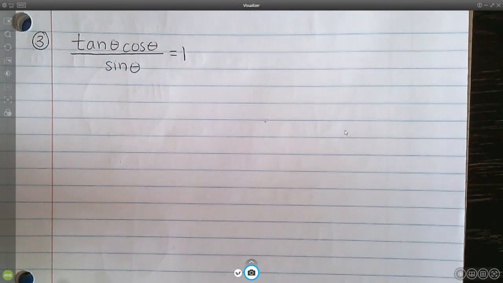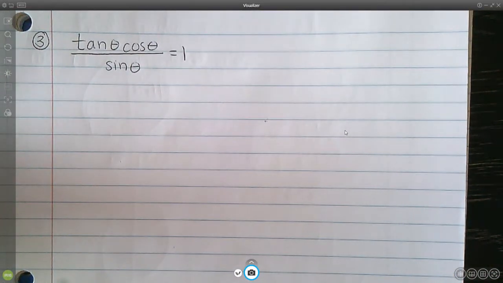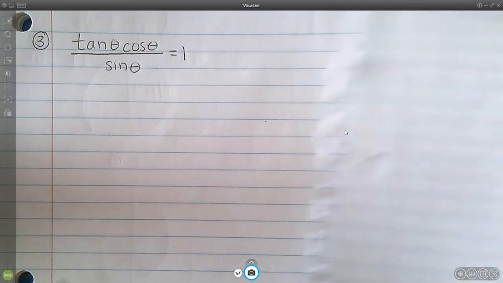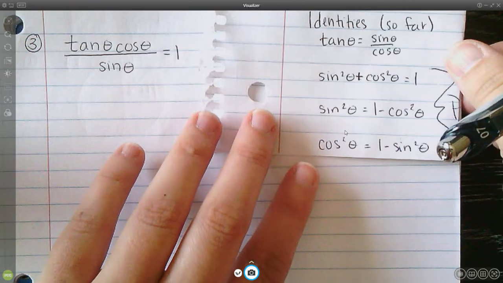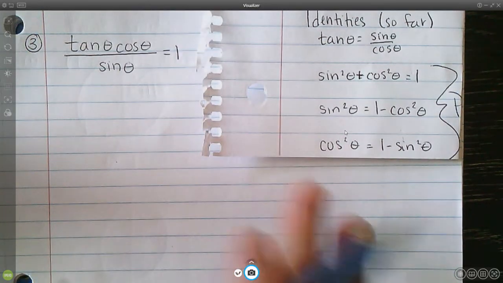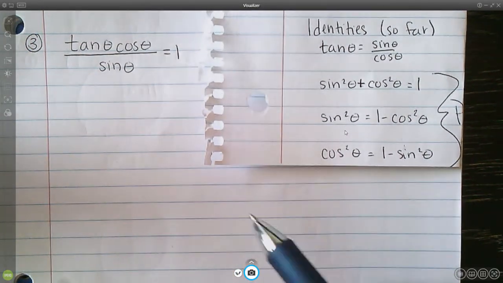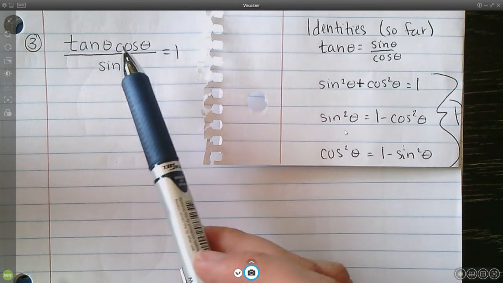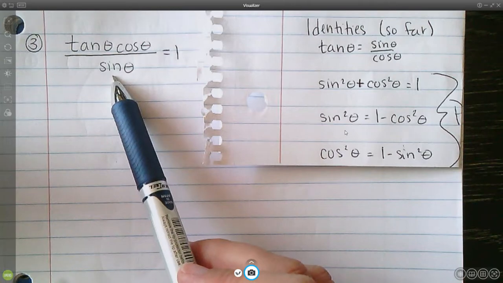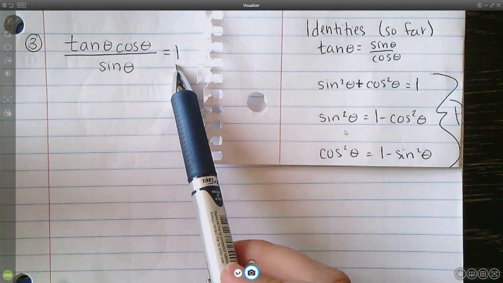So this one has a tangent in it. So we have tangent theta times cosine theta over sine theta equals 1. Here are our little sheets, or little cheats, our little identities. So, okay, so we have a tangent, we have a cosine, we have a sine, if we want it to equal 1.